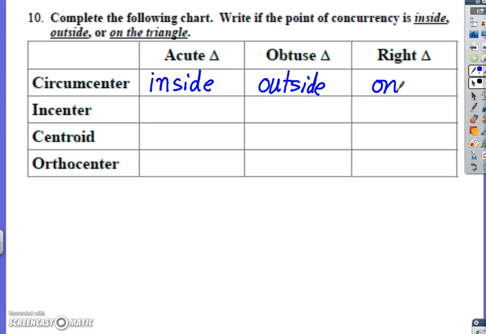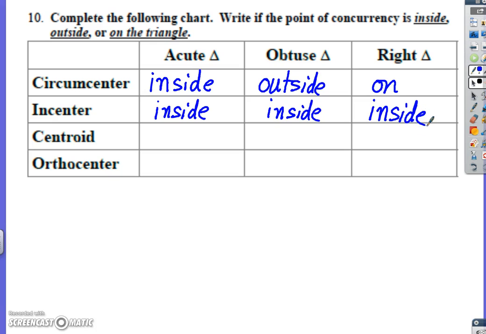All right, so the next one, the incenter. In an acute triangle, it is inside. If we look at an obtuse triangle, the incenter is inside as well. And finally, in a right triangle, the incenter is inside as well.